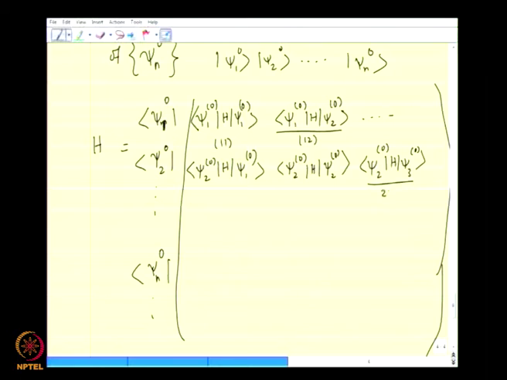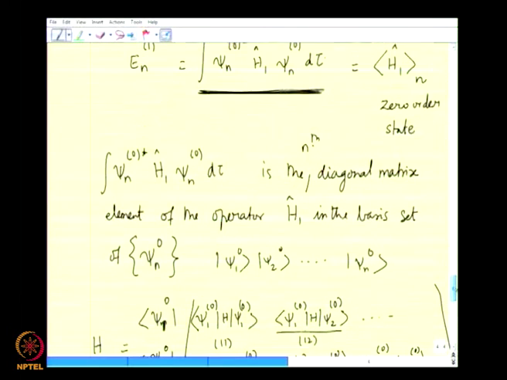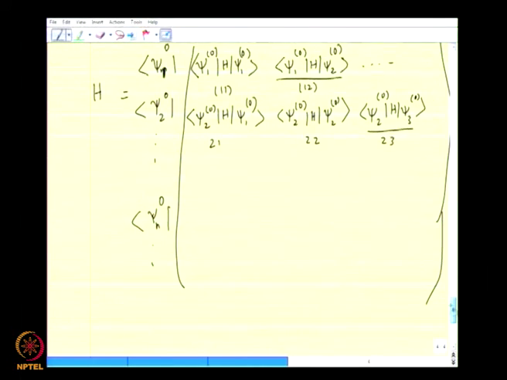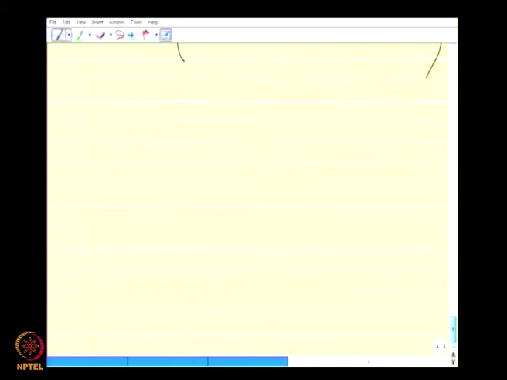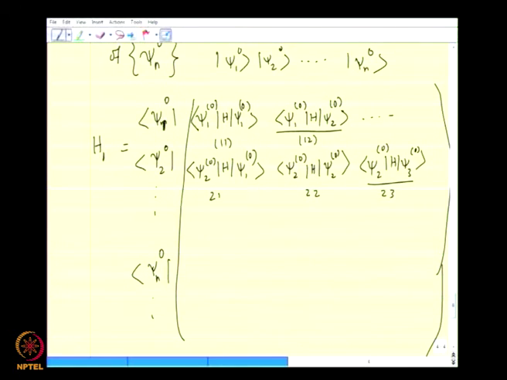So this is the 2 3, this is the 2 2, this is the 2 1 following the matrix notation, and therefore what you see here is this integral psi n 0 star H1 psi n 0, this one is the nth diagonal element of H1.